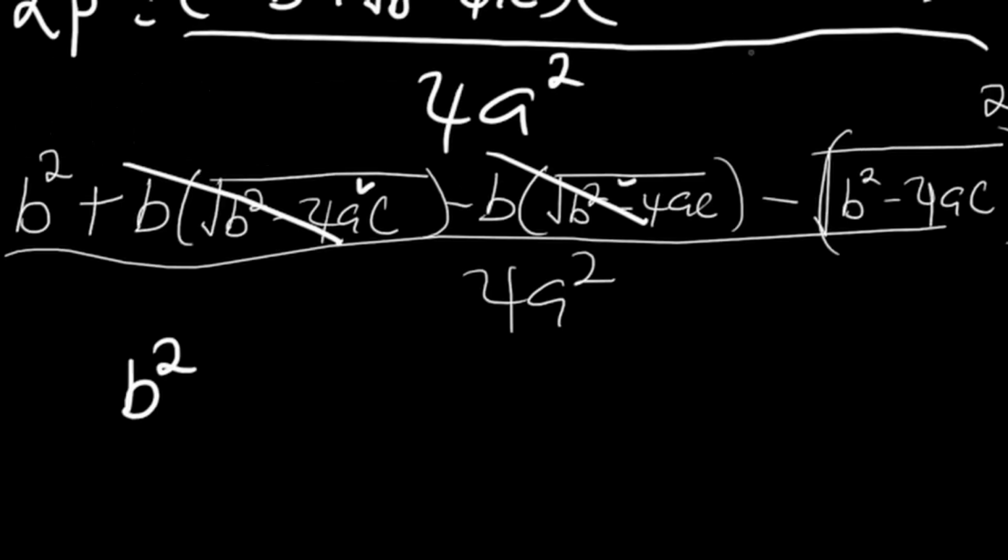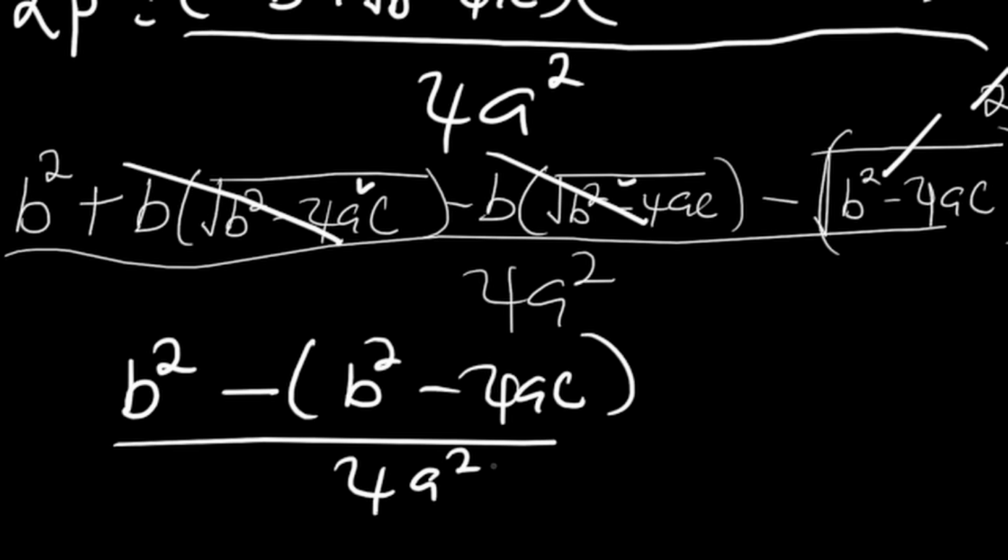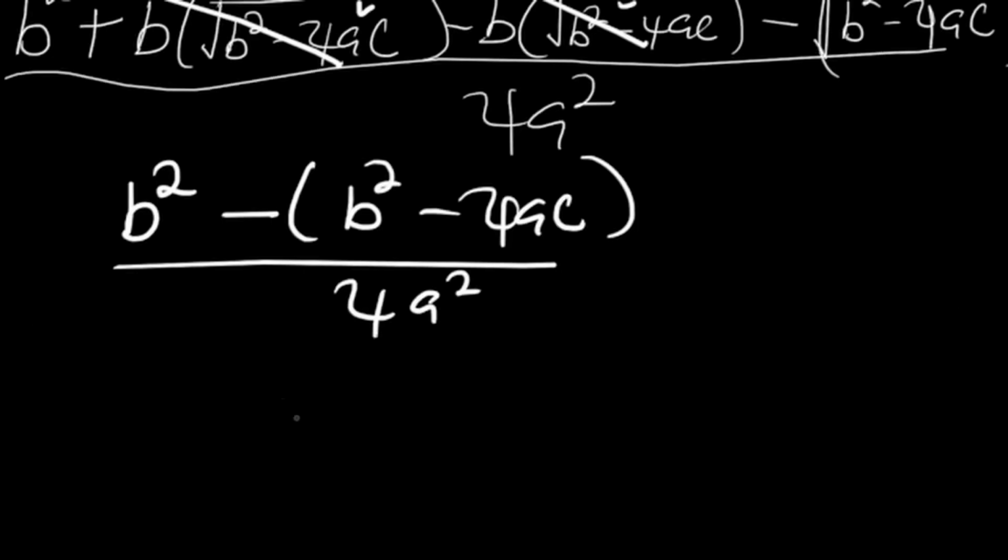And next up, for the remainder here, we have a square on top of a square, so this square we cancel out with this square, all right? And we're now left with minus, open bracket, b squared minus 4ac, and then this is all over 4a squared. Next up, we have to distribute the negative across everything inside the bracket.